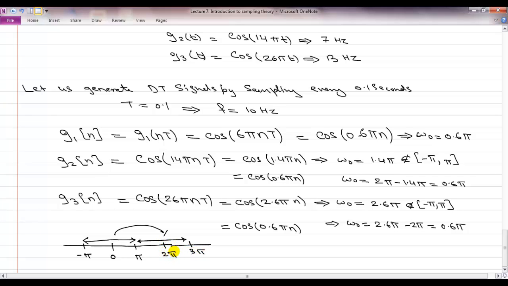So if you have a frequency between pi and 2 pi, that is actually a frequency between minus pi and 0. If you have a frequency between 2 pi and 3 pi, that is actually a frequency between 0 and pi. So you just have a repetition of that same thing on the right side, and you can keep on repeating the same thing on the left side.